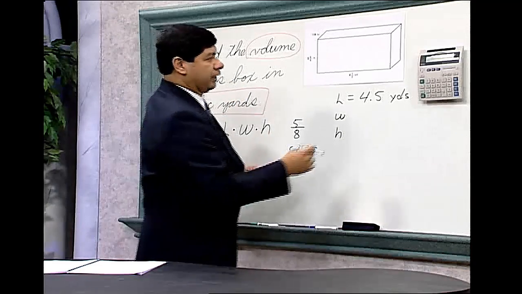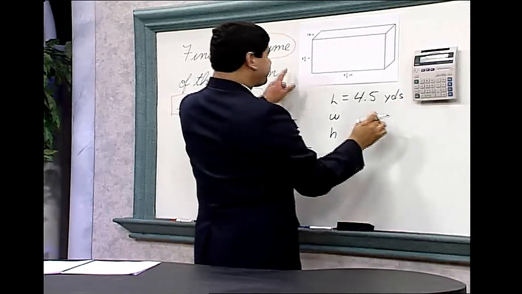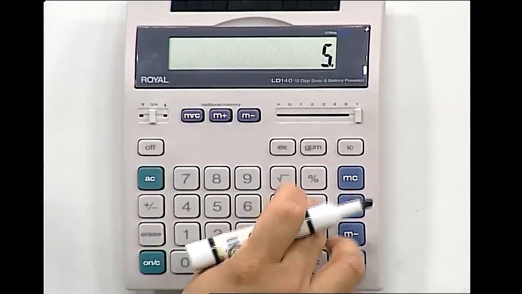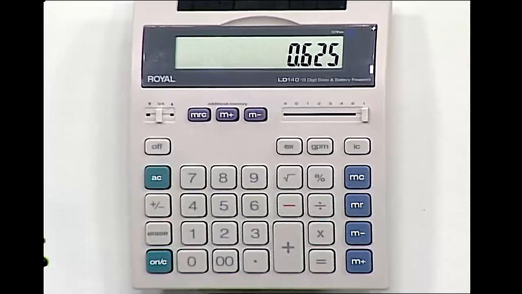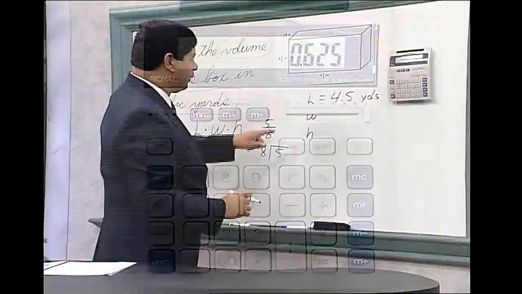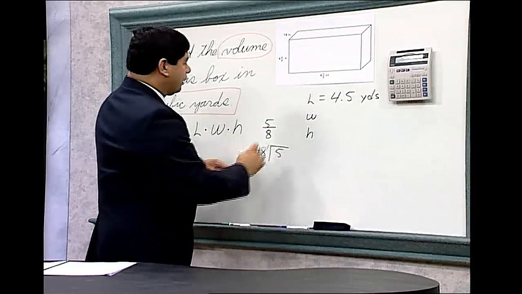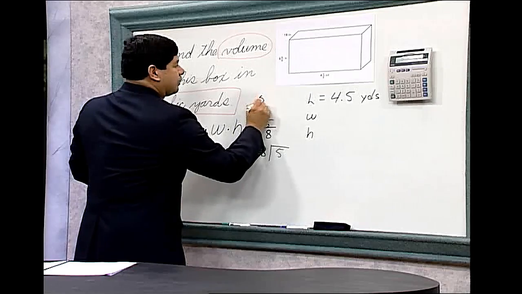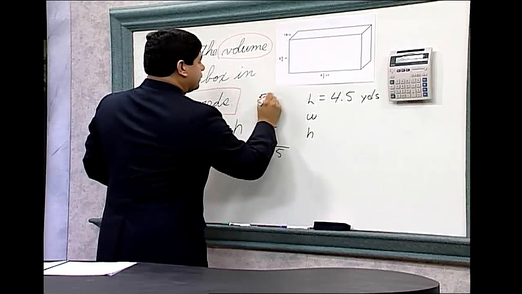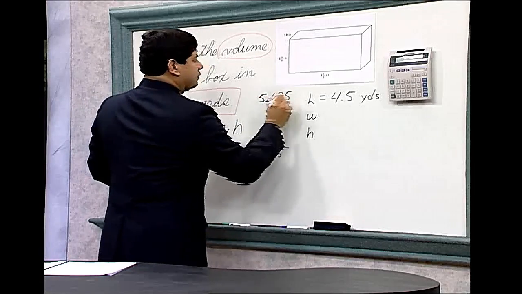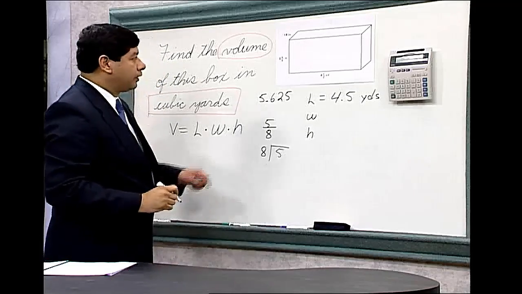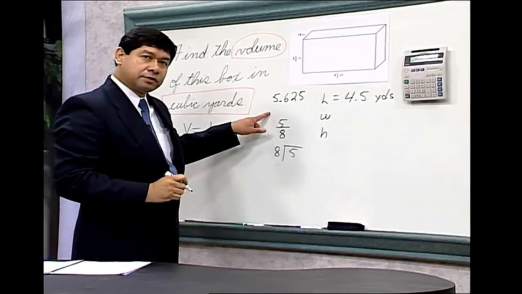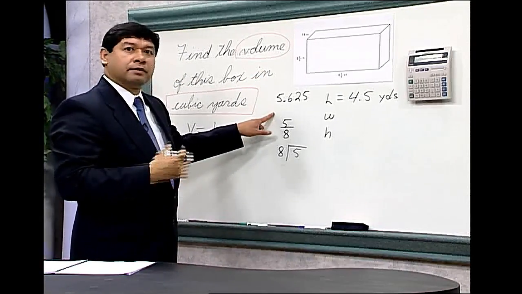Let's use a calculator for that. Let's turn it on. 5 divided by 8 equals 0.625. So we know this can be represented as 5.625 feet.